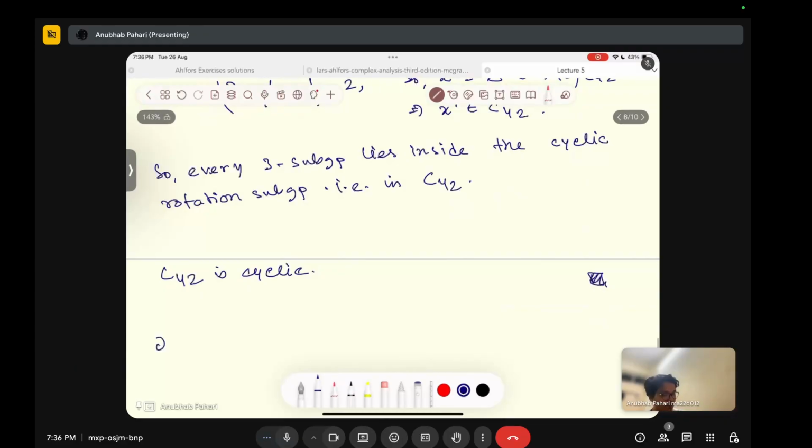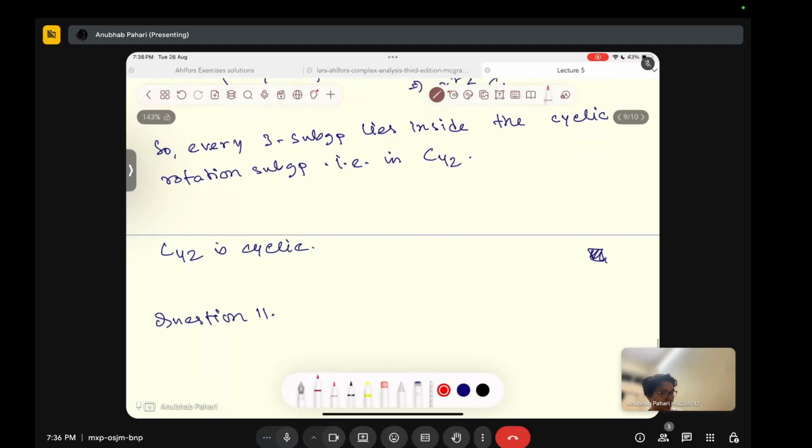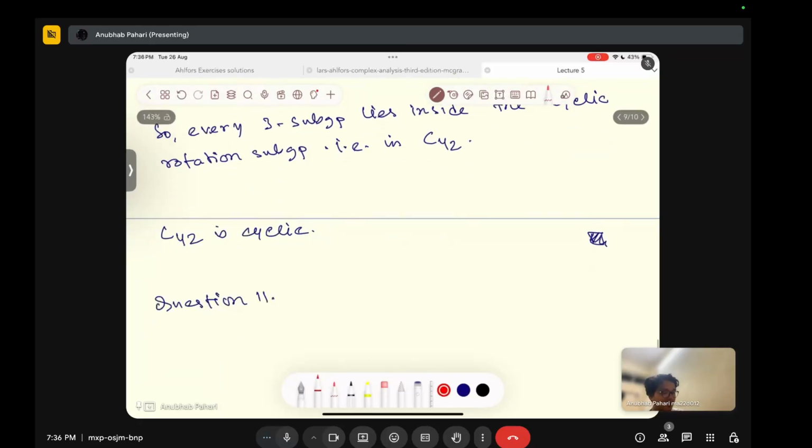So, question 11. Let G denote the group S4 cross S3.